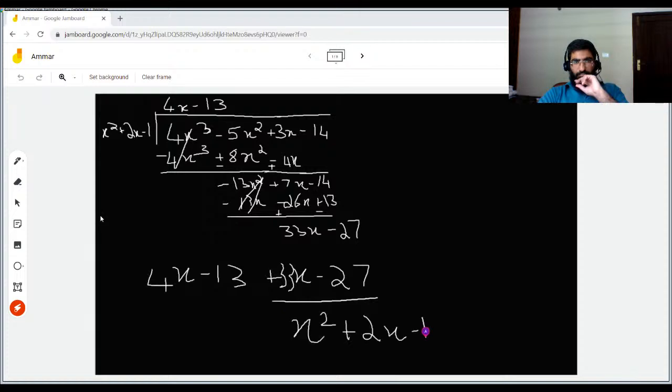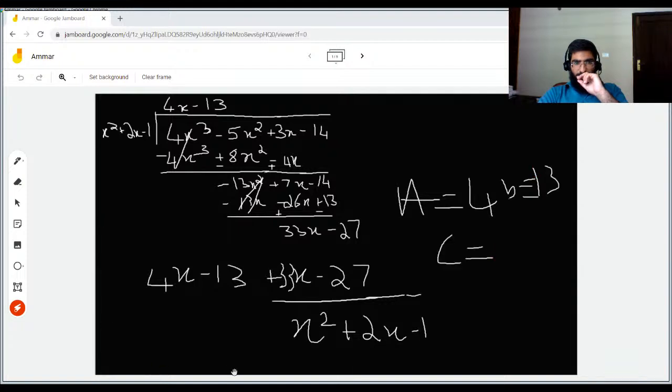I am a genius. A is equal to 4, b is equal to minus 13, and c is equal to 33 and d is minus 27. Correct.